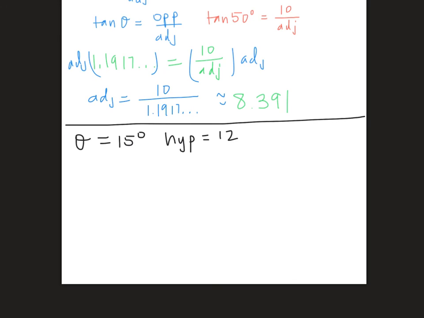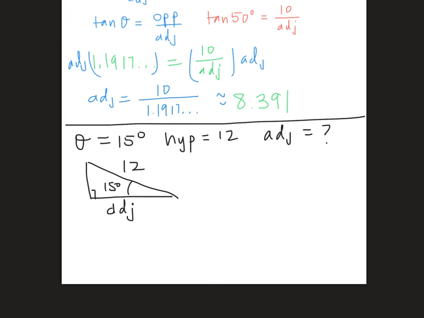Let's look at another example like this where theta is 15 degrees, the hypotenuse is 12, and we want to know what the adjacent side length is. Drawing our picture, here we've got 15 degrees, and we know the hypotenuse is 12. We want to know this side. All right, this time the ratio that we want to use has to do with the hypotenuse and the adjacent side.